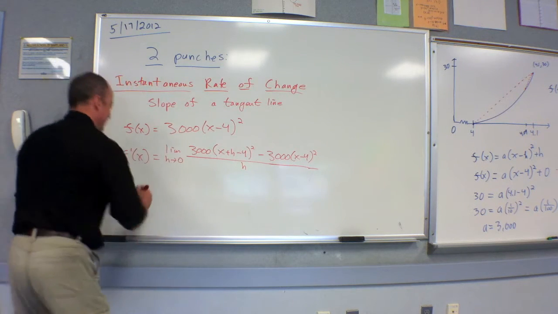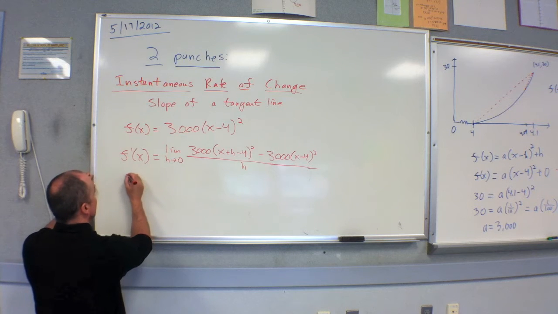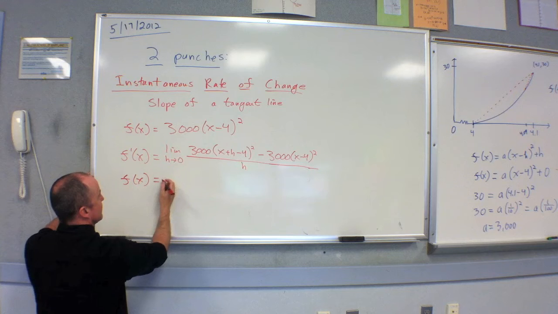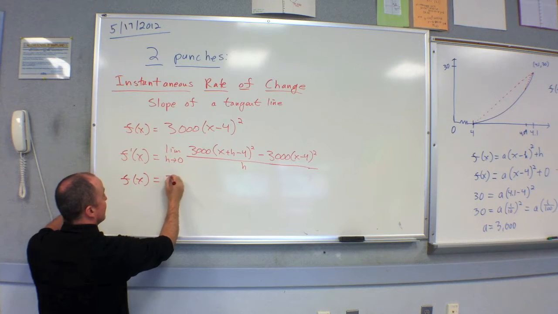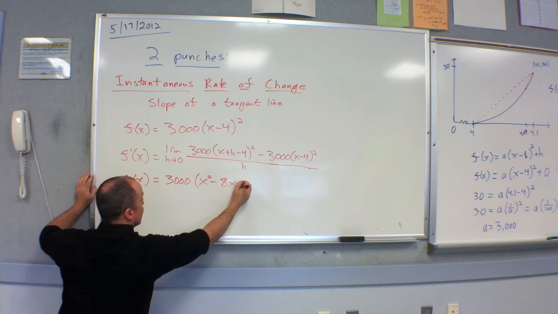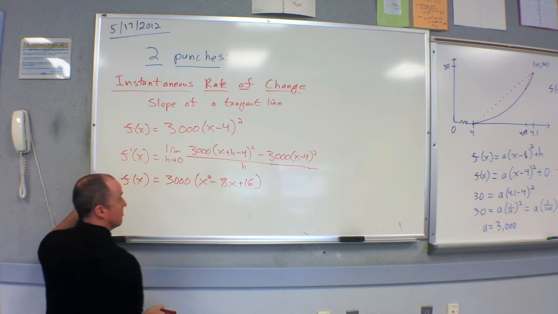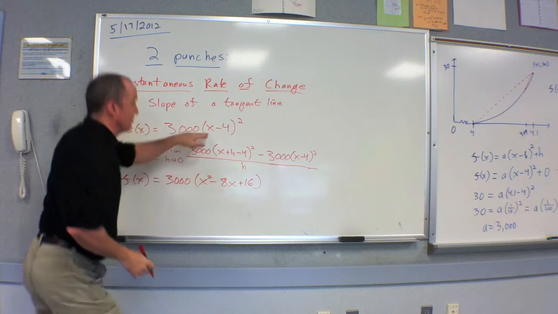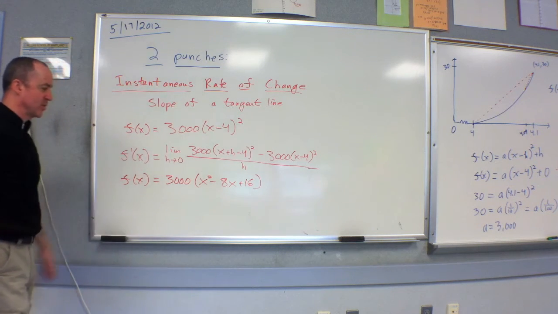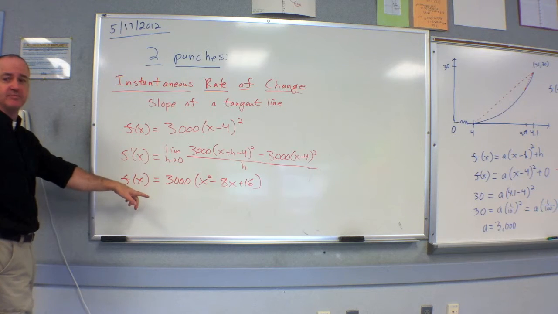Okay, so let's do it. I do want you to remember this limit definition of the derivative. I'm going to say f of x equals 3,000 times x squared minus 8x plus 16. Foiled that one. x minus 4 times x minus 4. Did I do so correctly? Please double check me.